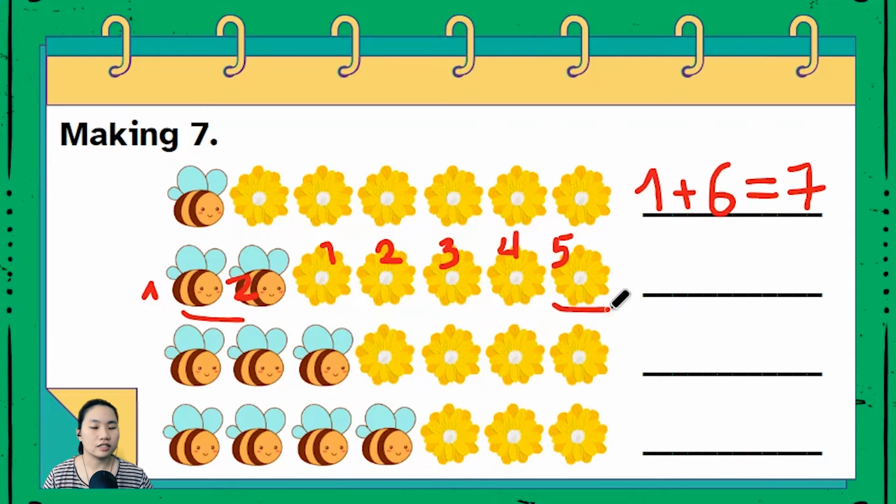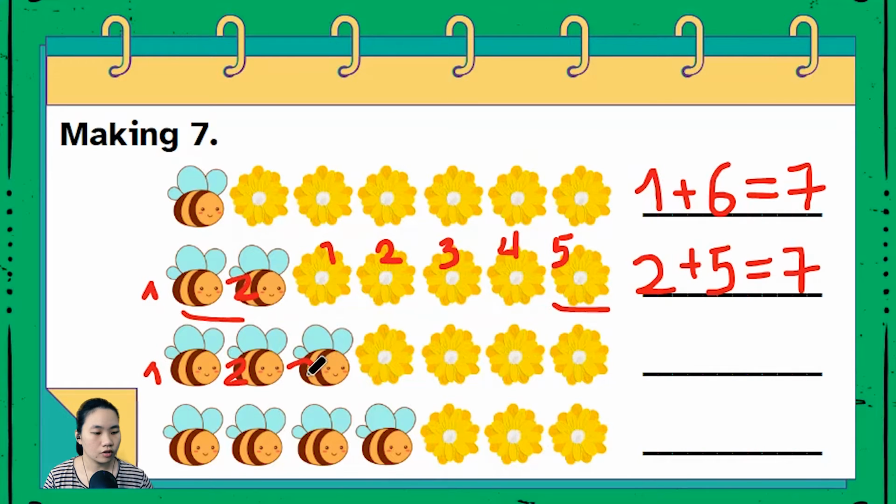And what is the sum of 2 and 5? It is 7. 2 plus 5 equals 7. Okay, next up, 1, 2, 3 bees this time.